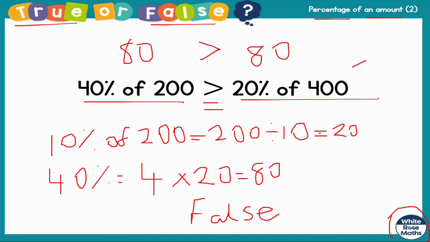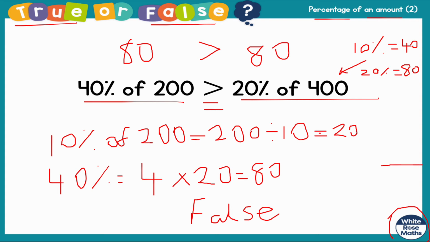So if you're not sure on this part here, I worked out 10% of 400, so I did 400 divided by 10, which gave me the answer of 40, and then I worked out what 20% is by doubling my answer, so 20% will equal double 40, which is 80, guys. So that's how I work out a percentage of an amount.